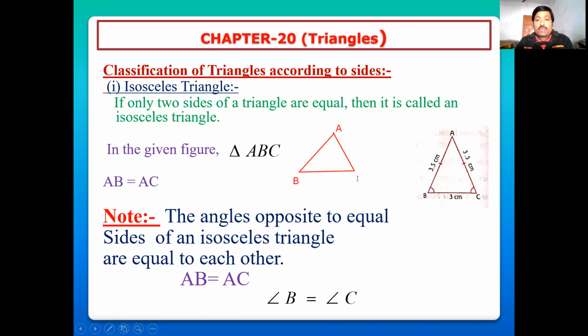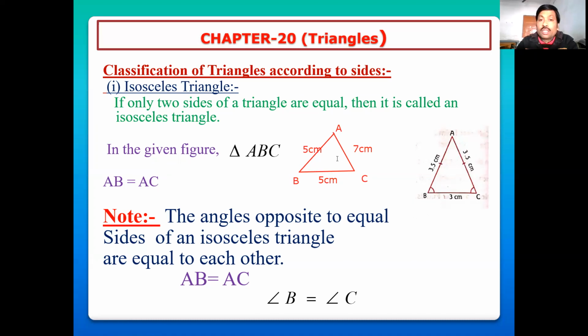It may be 5 centimeters and 5 centimeters, and here suppose 8 centimeters, 7 centimeters. So in this case, AB and BC are equal, so this is an isosceles triangle.